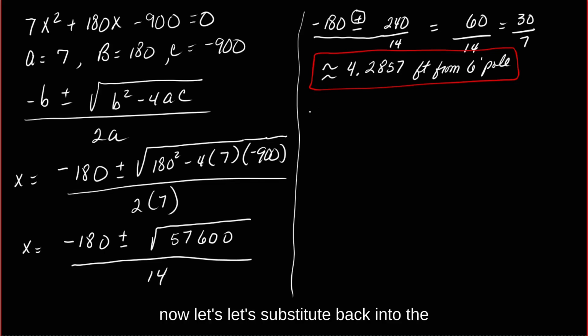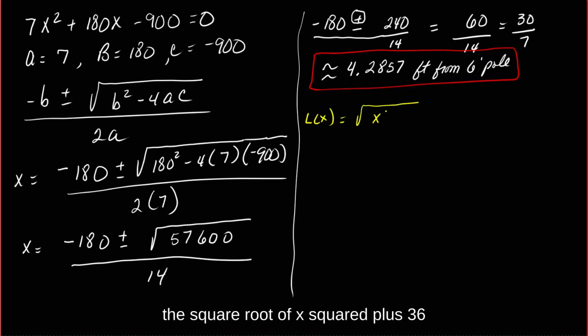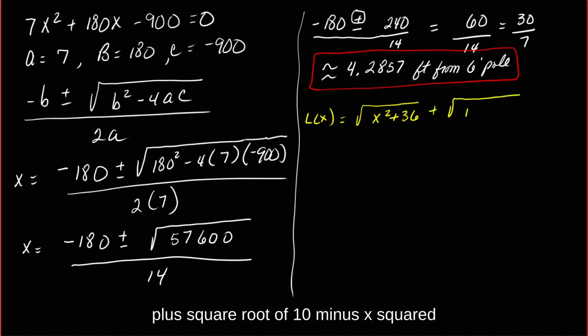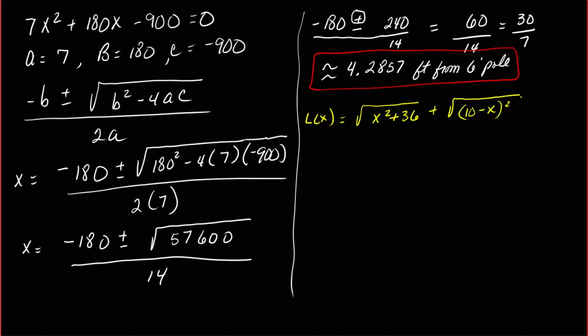Now let's substitute back into the original equation, which was the square root of x squared plus 36 plus the square root of 10 minus x squared plus 8 squared, which is 64.